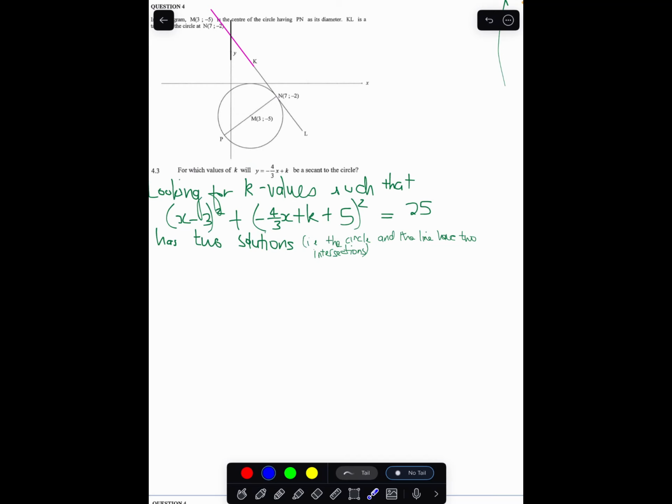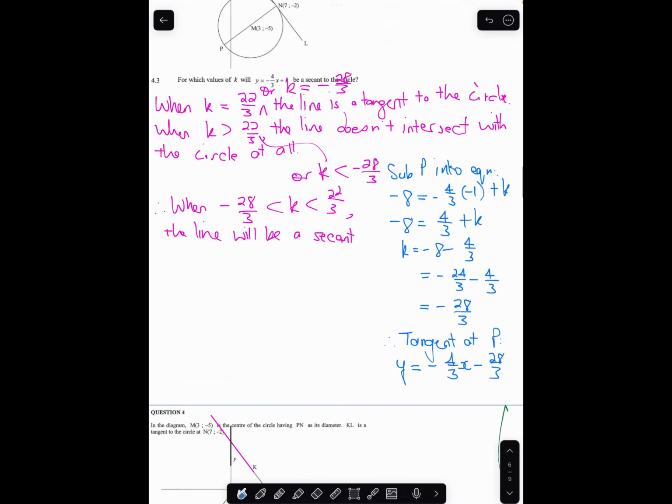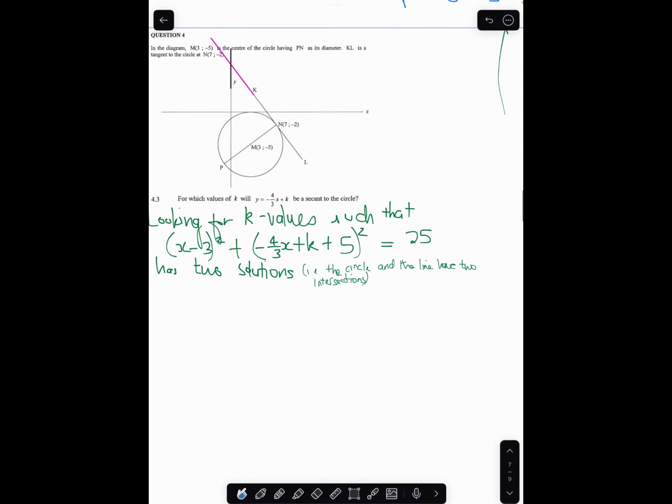So when k is 22 over 3, this line is a tangent. It's only intersecting the circle once.